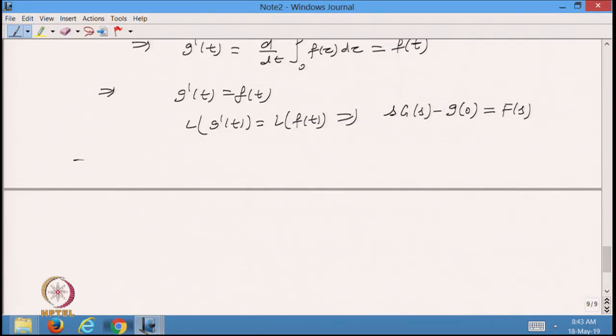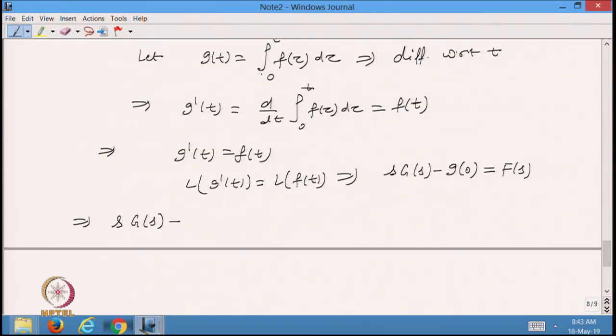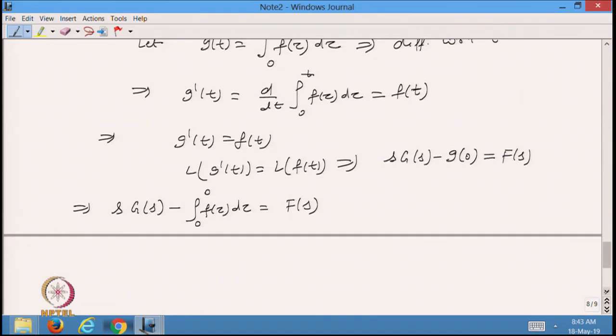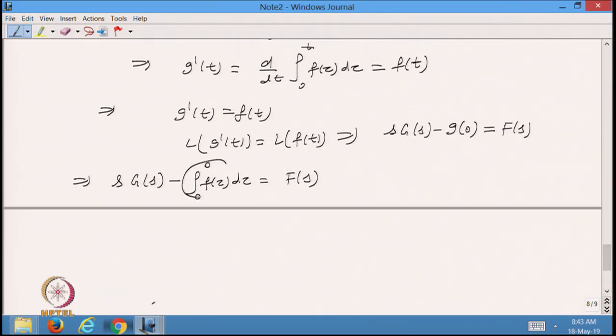So, what about my g 0? We have s G of s minus g 0. What is my g? g is this one. So, if I put 0 instead of t, you will see that it is the integration from 0 to 0, and that value will always be 0.